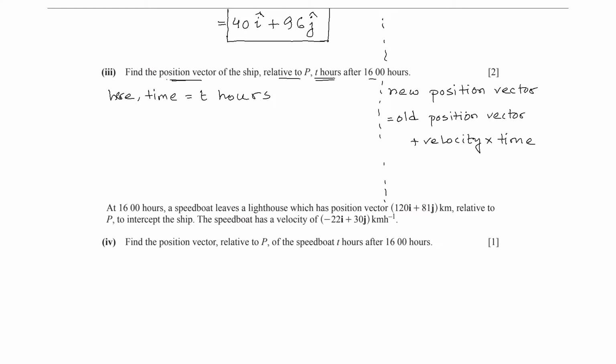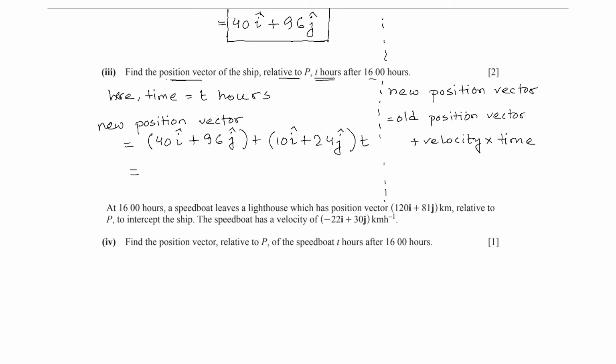Therefore, the new position vector of the ship relative to P would be equal to 40i plus 96j, which is our old position vector of the ship, plus the velocity, that is 10i plus 24j, times t, which is our time duration here.